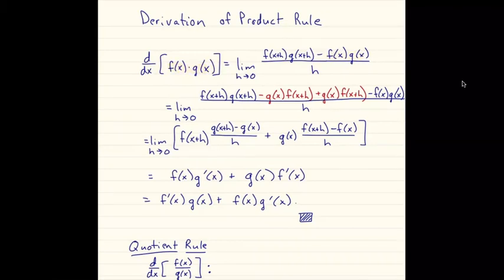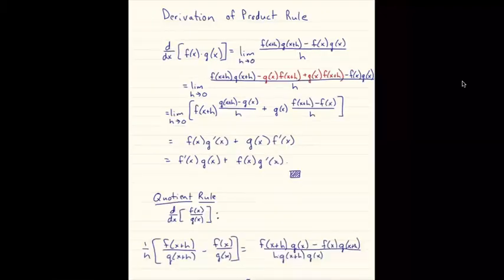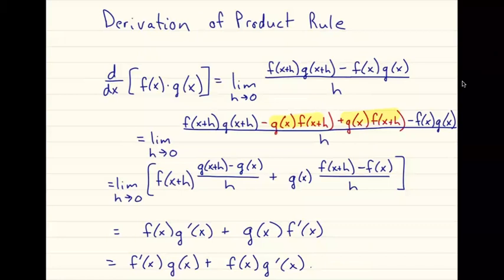Okay, well, we add and subtract a sort of magical term here: g of x times f of x plus h, and added g of x times f of x plus h. So if we added the two red terms together, they'd add back up to 0, and we'd get our original expression up here, our original argument of the limit.